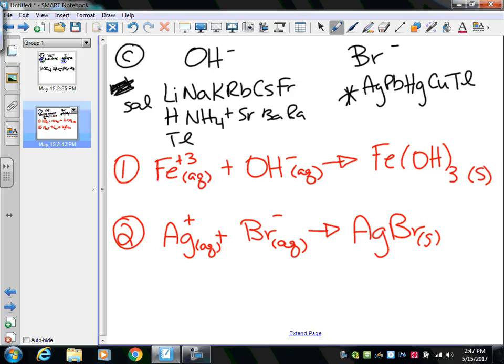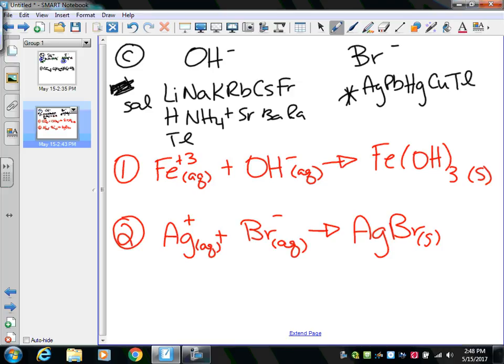Now, I have to do that step second, hence the reason why I put a 2 there, because if I do it first, what's my problem going to be? Yeah, the other one's going to precipitate as well, or it won't know which one it's grabbing. Is it grabbing hydroxide or is it grabbing bromine?